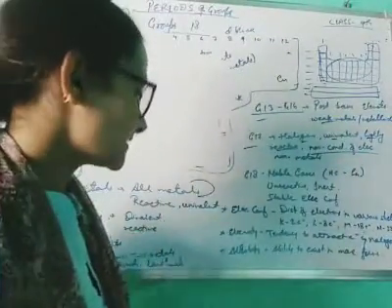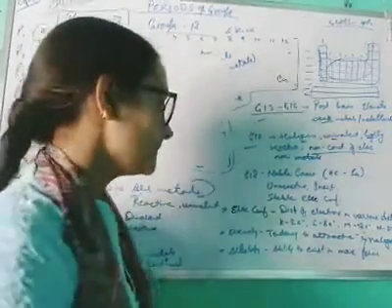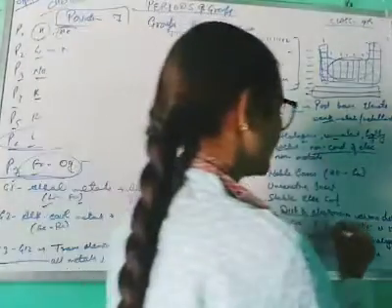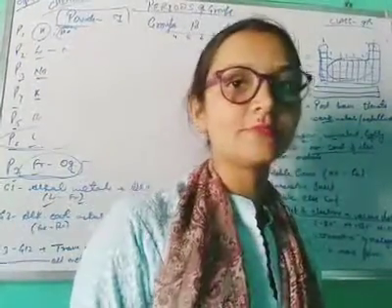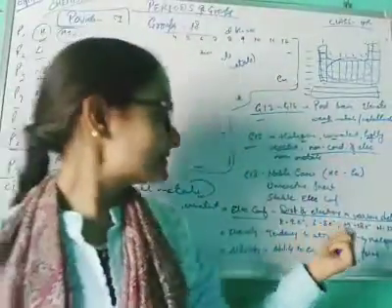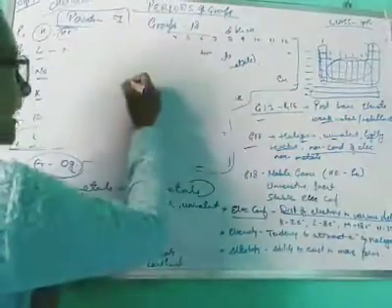Next, there are some small terminologies. What is electronic configuration? Electronic configuration is the distribution of electrons in various shells. In an element there are lots of shells, and the distribution of electrons in those shells is like what I have shown you here about chlorine.